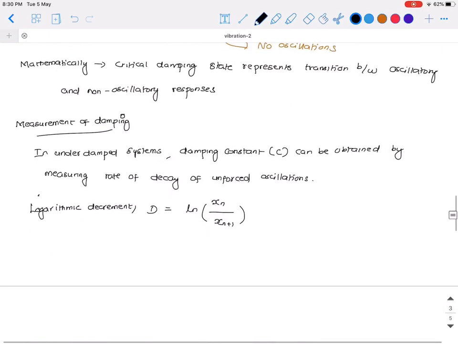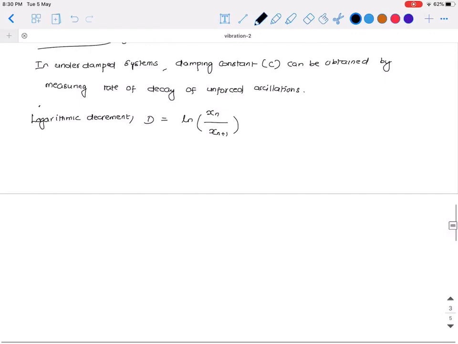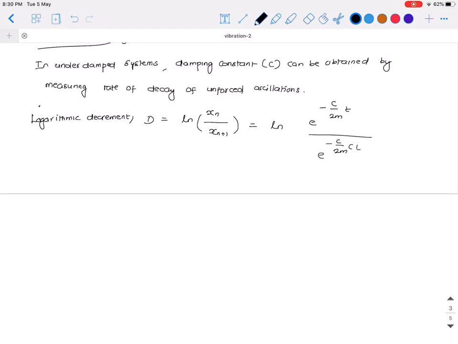Okay, so that is given by e to the power minus c by 2m times t divided by e to the power minus c by 2m times t plus the period of oscillations.